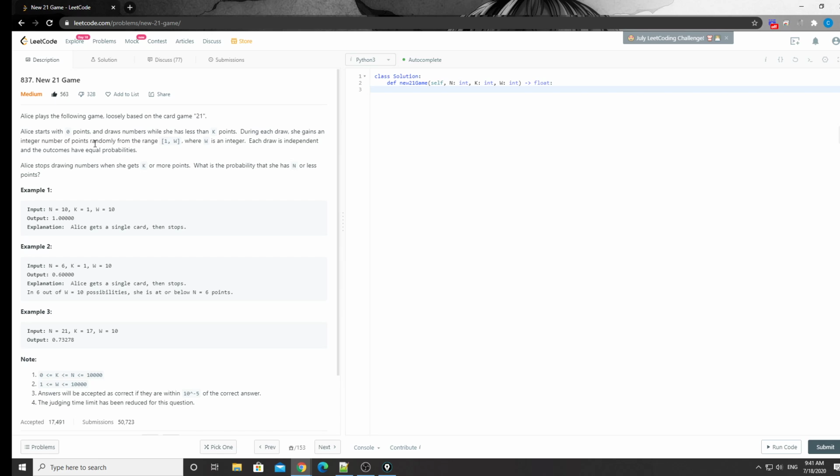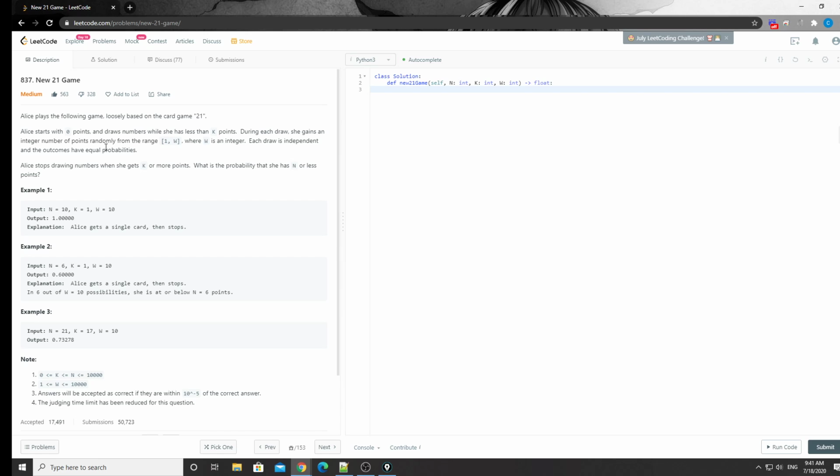What's the description here? Alice starts with 0 points and she can draw numbers while she has less than K points. During each draw, she gains an integer number of points randomly from the range 1 to W, where W is an integer.